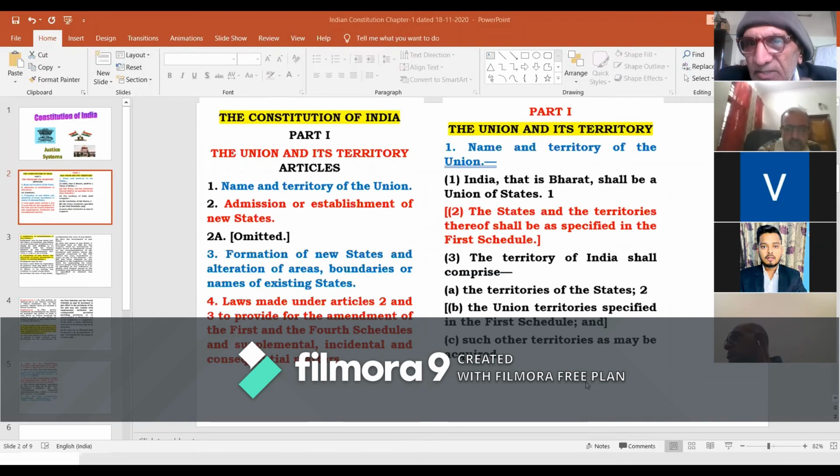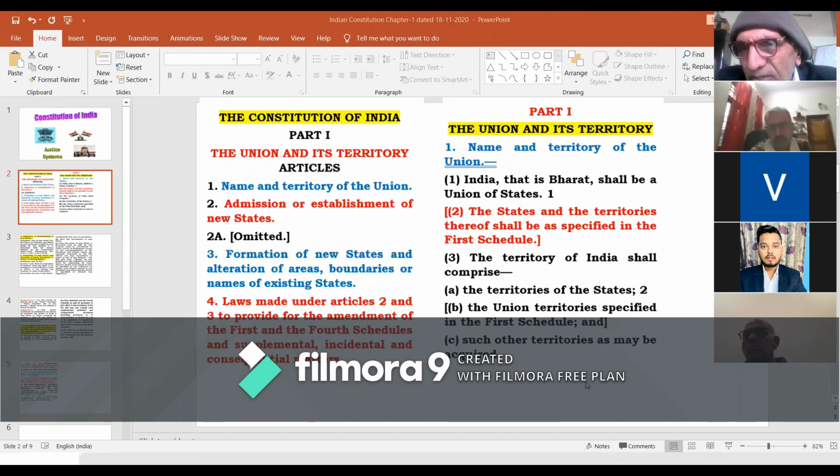The third clause is the territory of India shall comprise. Let's be very careful now. It is the constitution which is describing. It says the territory of India shall comprise the territories of the states. The territories of states means as those are specified in the first schedule.